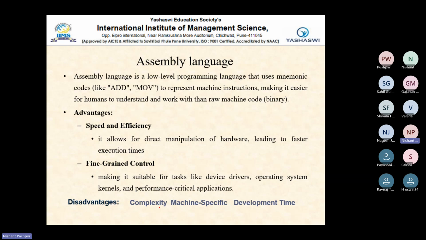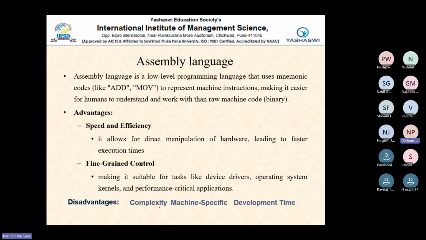The newer processors are 32-bit. The i7, i3, i5 processors, i10 processors, are all 64-bit processors. So this is a machine specific programming language. That's why machine specificity is one of the disadvantages.